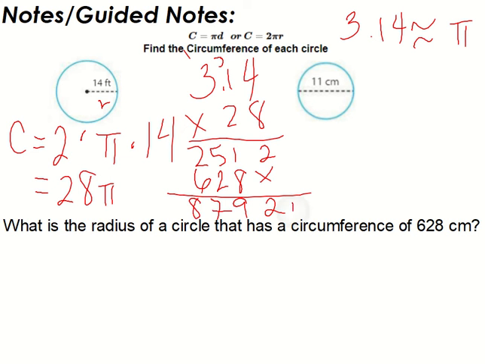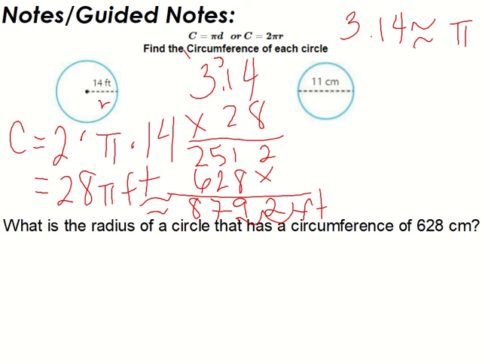And then I had 2 numbers behind the decimal. And we actually are going to put an about symbol because we now estimated it. So we either can say the circumference is 28 pi or about 87.92.